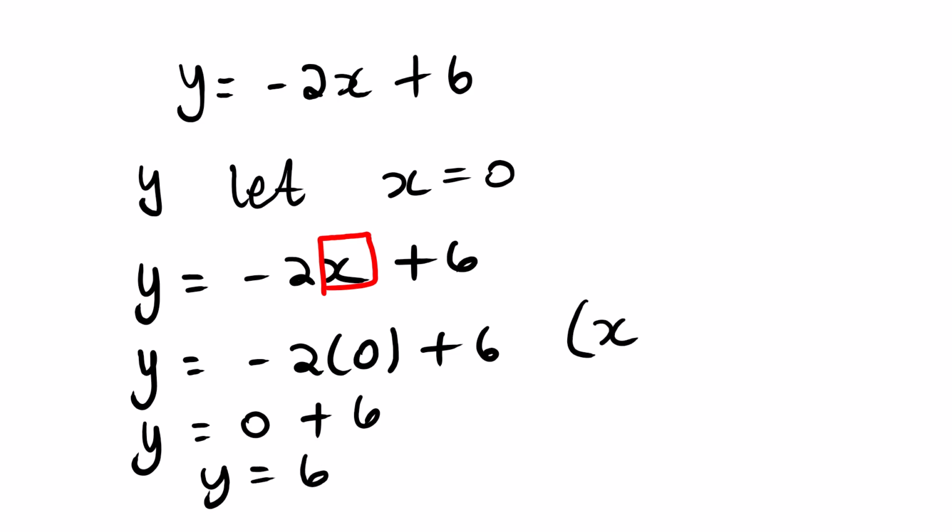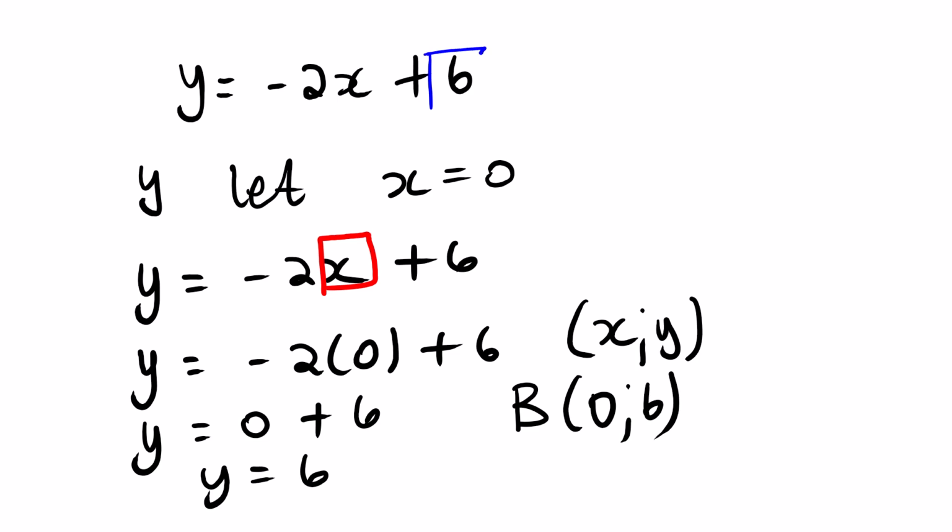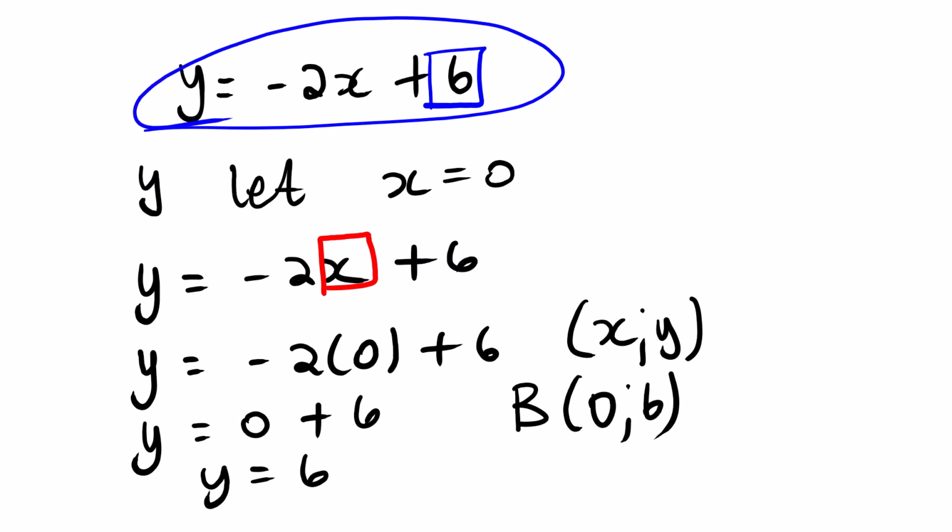So remember the ordered pair is x and y. So it simply means the second point, which is point B, will be (0, 6). Now you can see the reason why we say this term here is our y-intercept. Because by looking at the equation, if you let x be 0, we are only left with this term, which is our y-intercept.